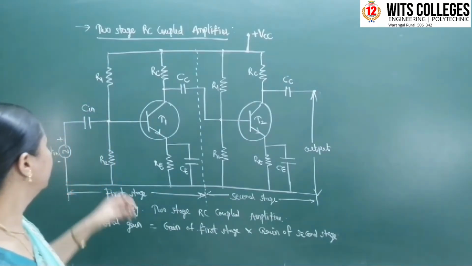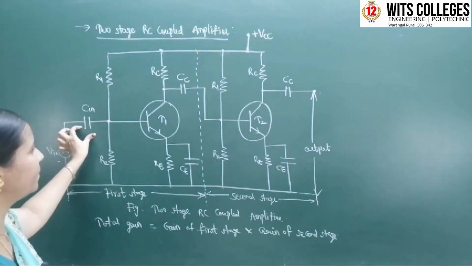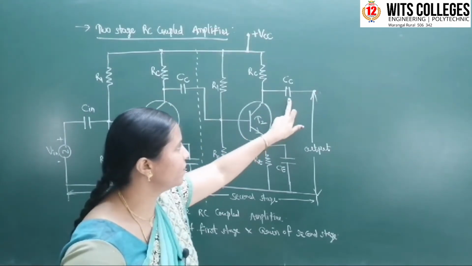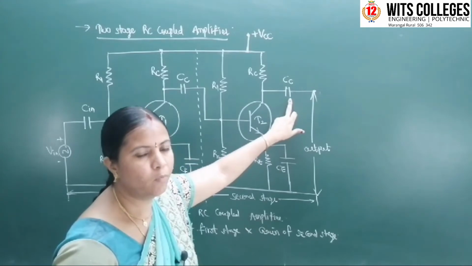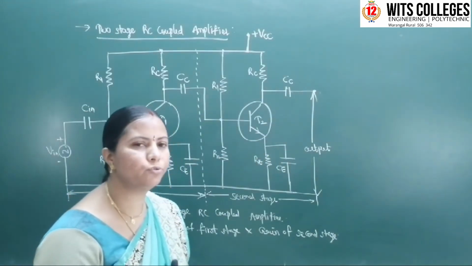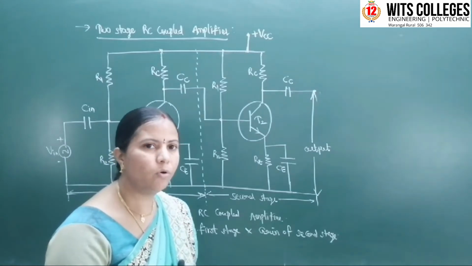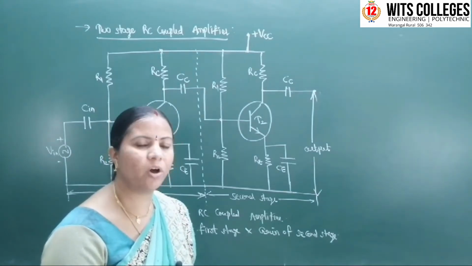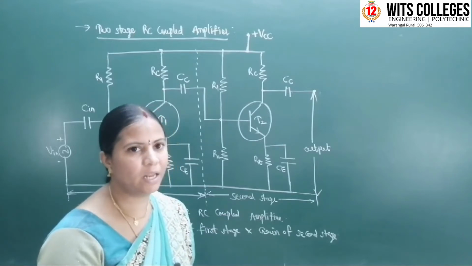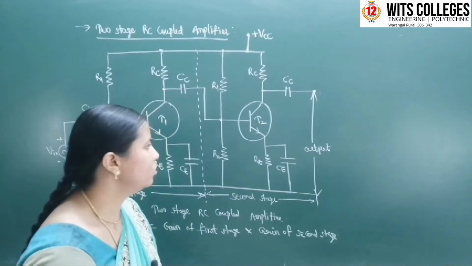Here we have the input capacitor, the coupling capacitor, and at the output we also connect one coupling capacitor. What is the use of these capacitors? These capacitors are used to allow only AC components or AC signals, and to block the DC signal. Why?